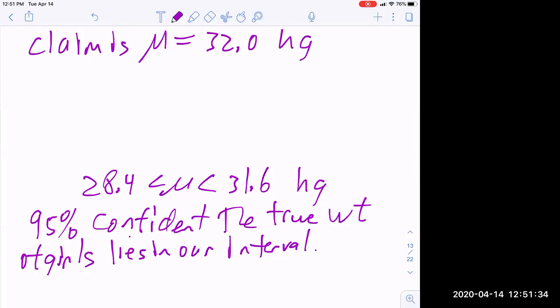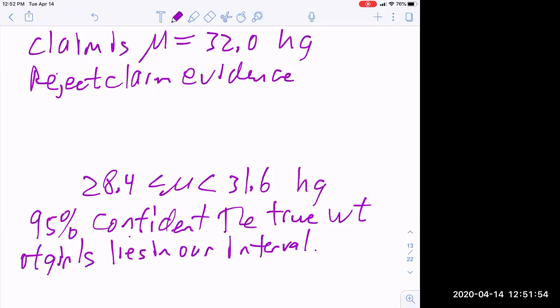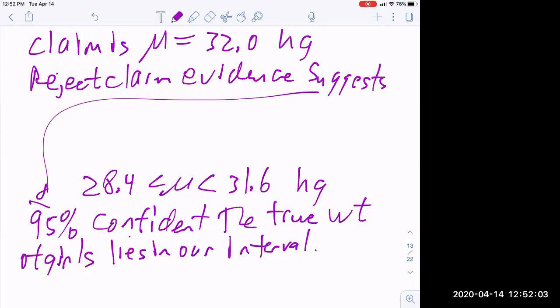Well, 32.0 lies outside of our interval. So what we can do, we can now reject this claim because evidence suggests, and now you finish with, 95% confident that the true weight of girls lies in this interval.